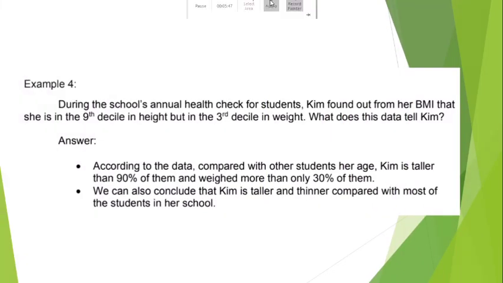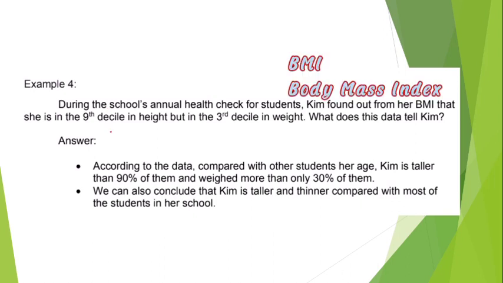Example 4. During the school's annual health check for students, Kim found out from her BMI that she is in the 9th decile in height but in the 3rd decile in weight. What does this data tell Kim? BMI is the combination of your height and weight.